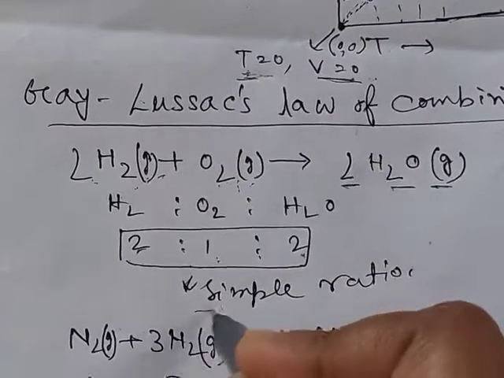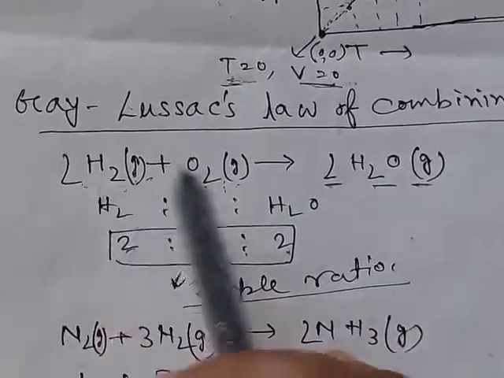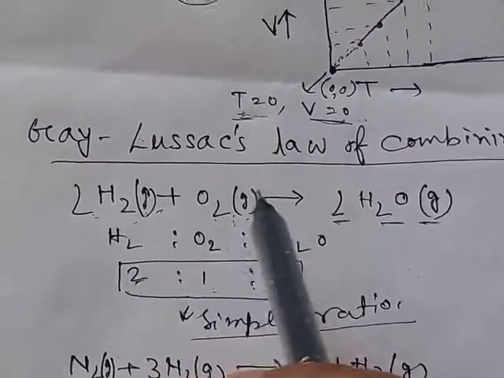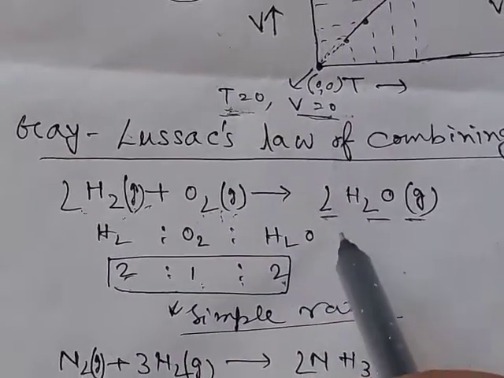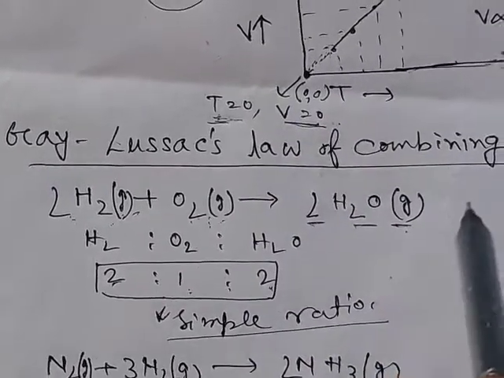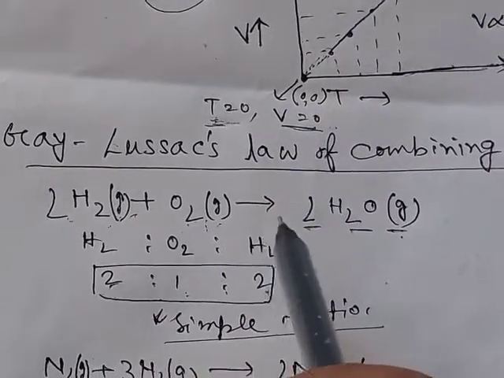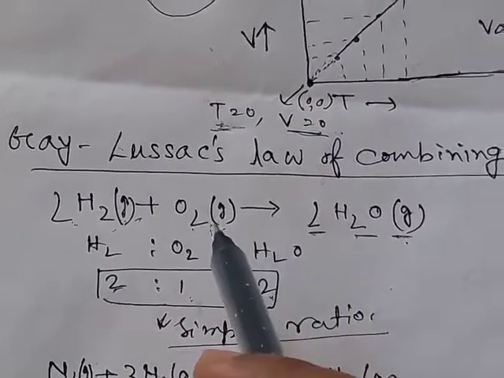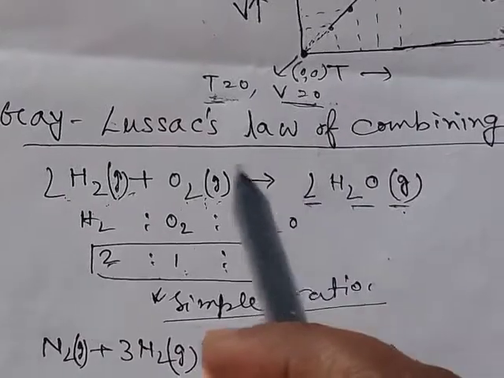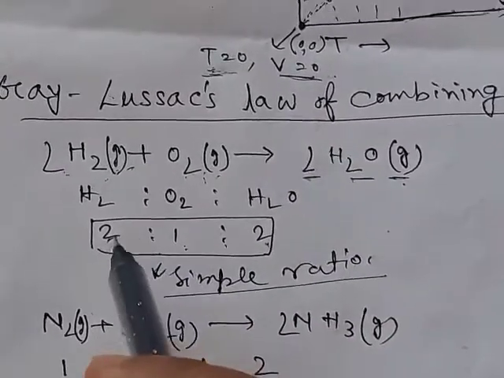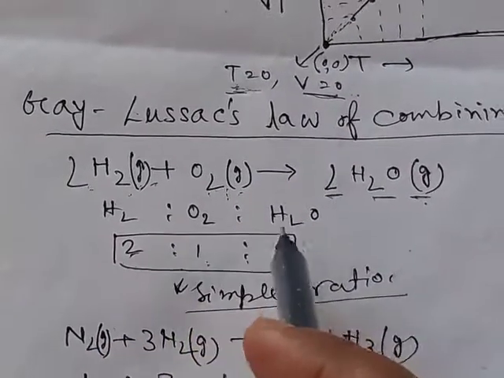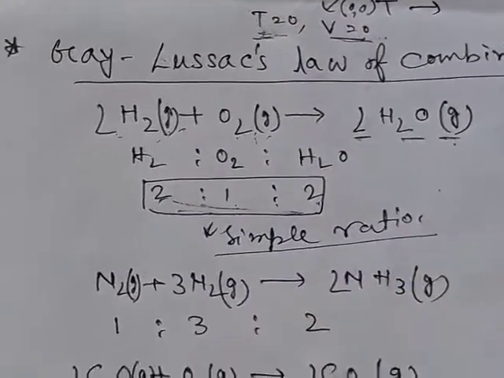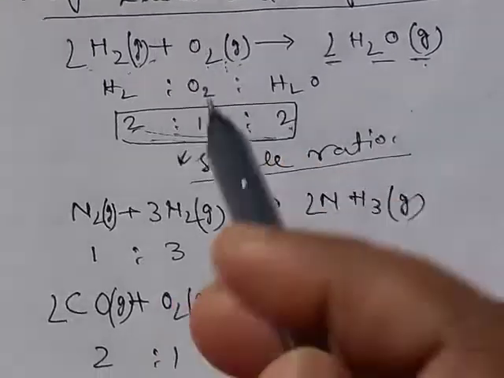So when gaseous reactants react with each other, they combine in a simple ratio by volume, and if the product formed is also a gas, then there will be a simple ratio in the volume of the reactants and product. That is, the volumes of the reactants and product in a reaction will always be in a simple ratio. This is Gay-Lussac's law.